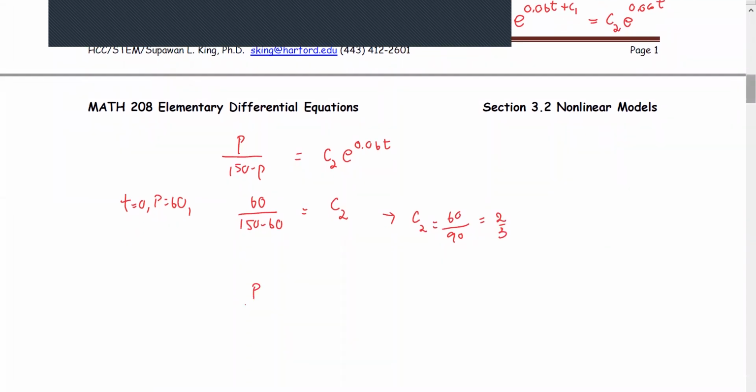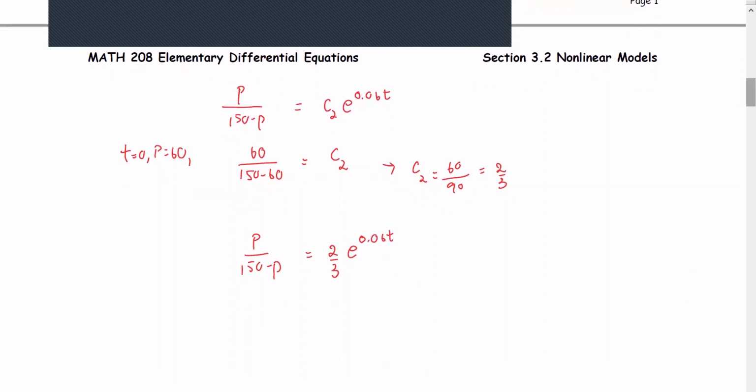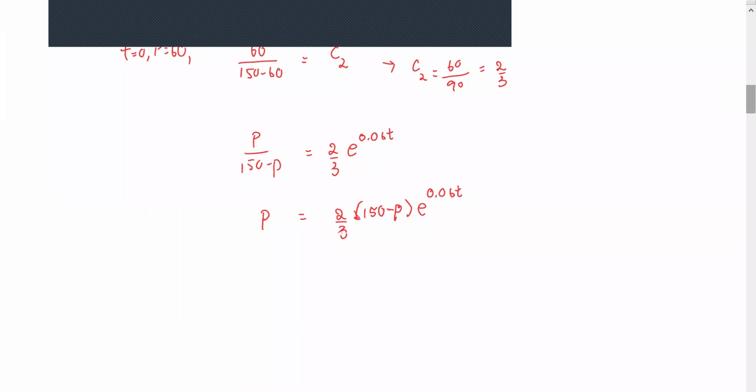So we get P over (150 minus P) equals 2 over 3 e to the power 0.06 t. Multiply both sides by (150 minus P). So P equals 2 over 3 times the quantity (150 minus P) times e to the power 0.06 t. Simplify the terms. Multiply all by 3.